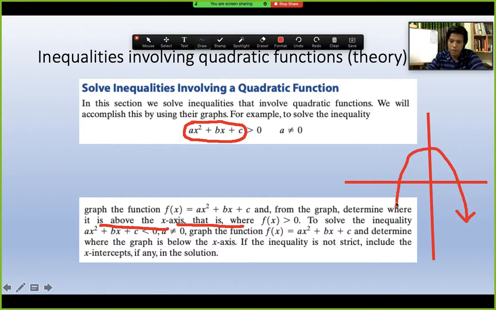Suppose we have a graph like this, and we can assign some values here. According to this question, where the graph ax squared plus bx plus c is more than 0, you will notice that the more than 0 part is this part of the graph. That means the value of the graph on this part here is more than 0.